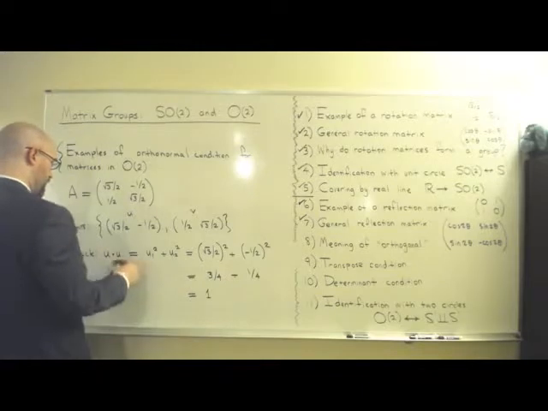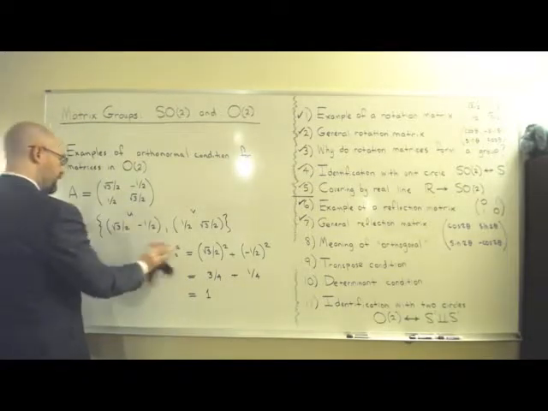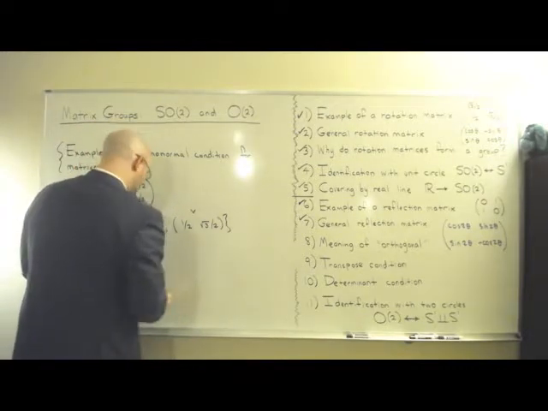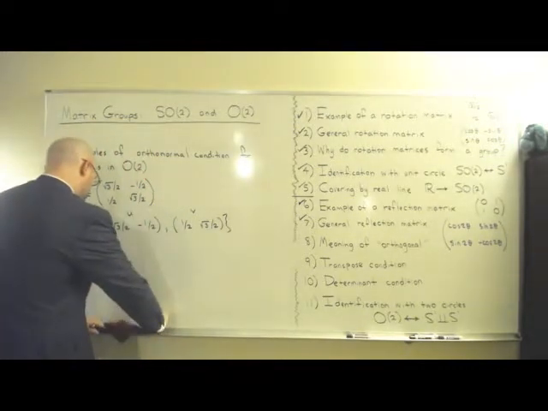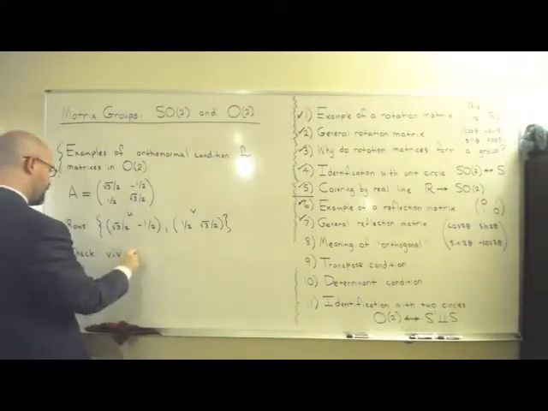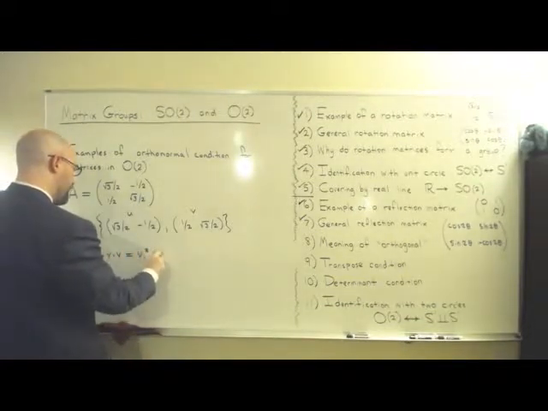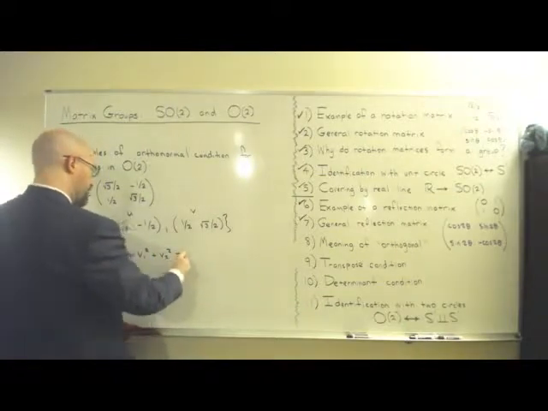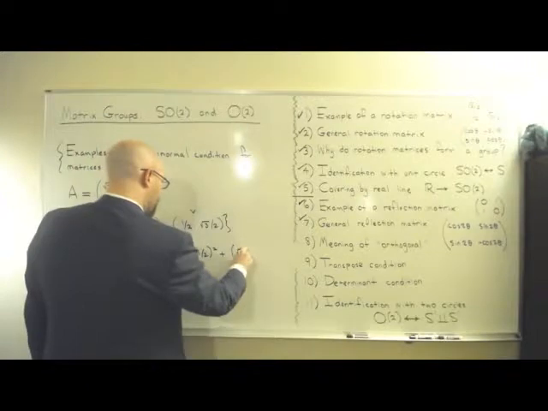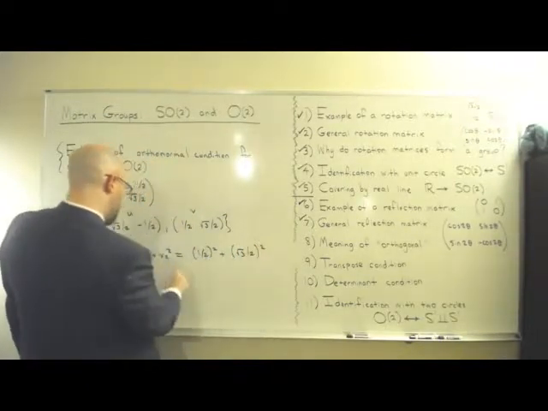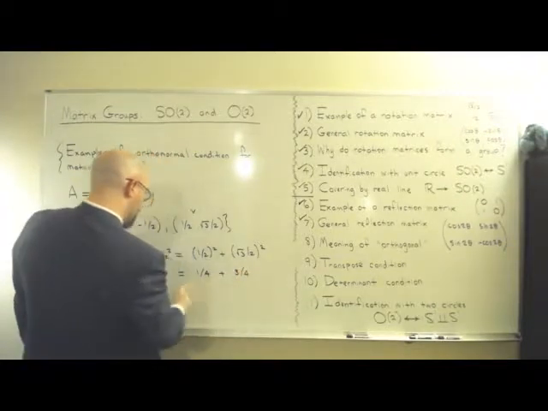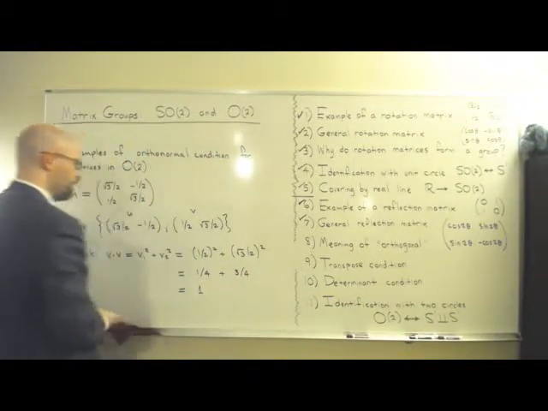And then we had one more to check, and that's V dot V. V dot V is of course V1 squared plus V2 squared. And we see what those are here. This is 1/2 squared plus square root of 3 over 2 squared. And that's 1/4 plus 3/4, and that's 1.